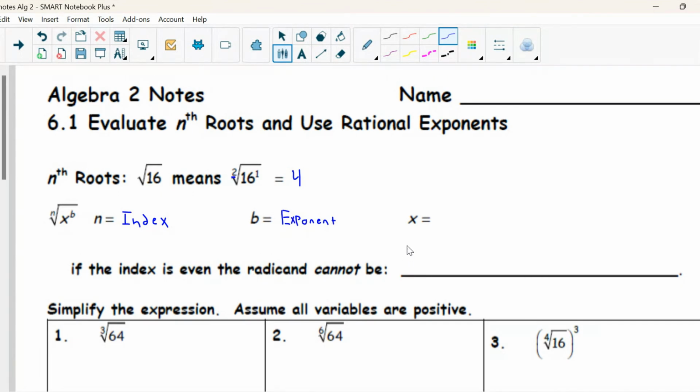Geez, I just forgot the x there. And then x is considered the base. So if the index is even, the radicand cannot be negative. All right, so let's look at a couple of examples here.